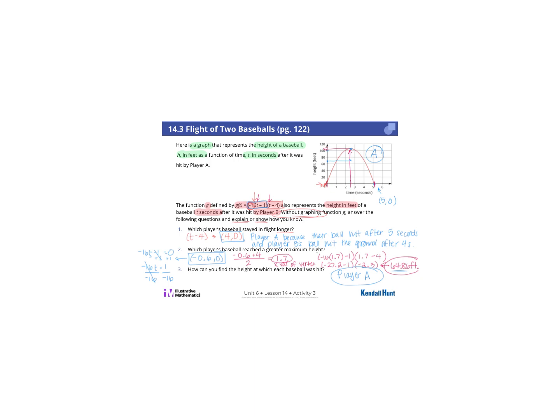All we need to do here for both of these was find the vertex and compare the y values, okay? Because that's what we did. We compared the y value of 64 and the y value of 100.